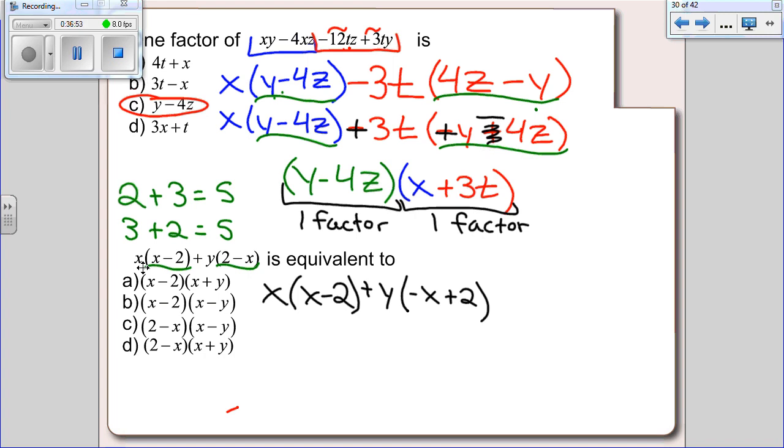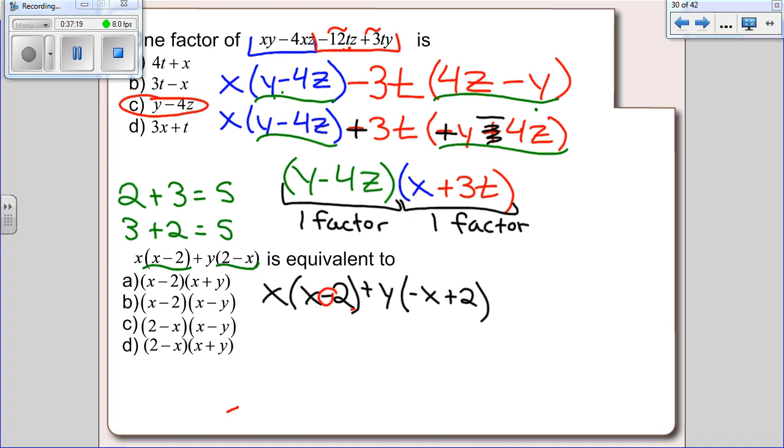What's the problem now? Yeah, go ahead, Kendra. They're in the wrong spot, right? This one has a negative with the 2. This one has the negative with the X. It's in the wrong spot. So if you want to change where the negative is, what do you have to do? You've got to change the front number.